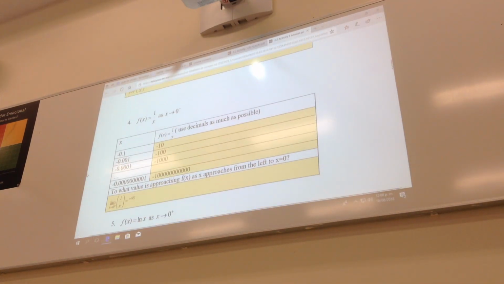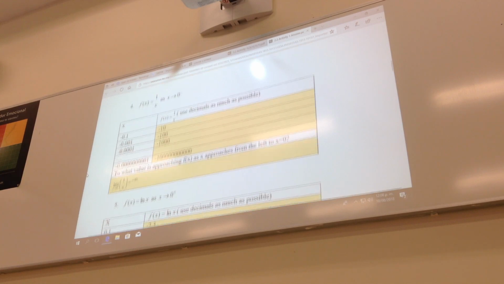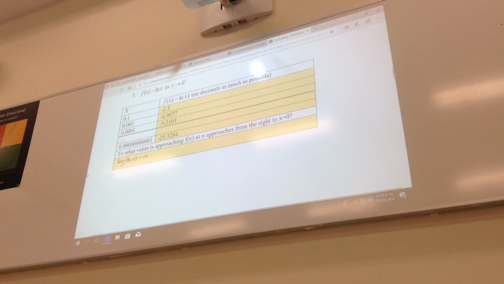Number 4, 1 over x as x approaches 0 from the left: minus 10, minus 100, minus 1000, so it approaches negative infinity. Number 5, ln of x as x approaches 0 from the right: negative 2.3, negative 6.9, negative 9.2, negative 35.32. So it approaches negative infinity.